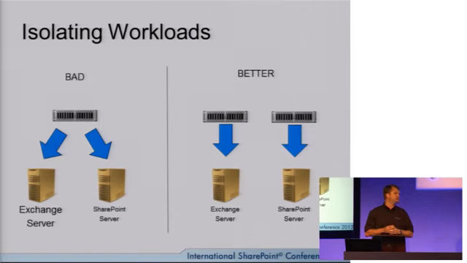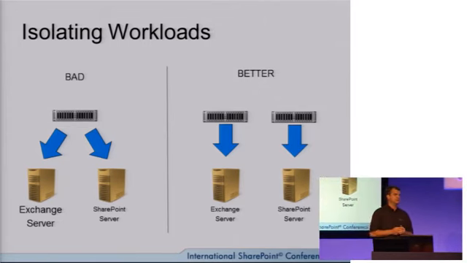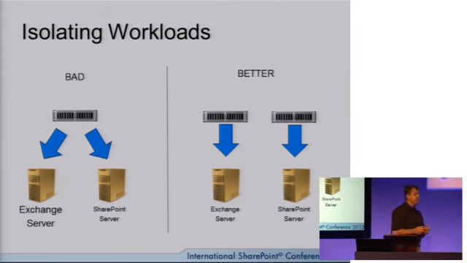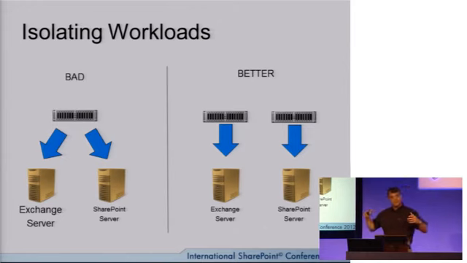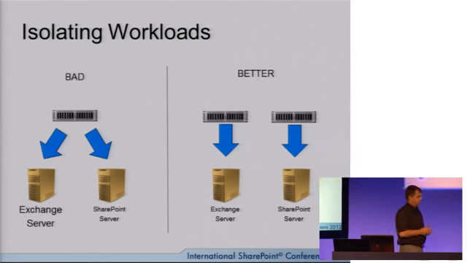Exchange is a very, very busy IO-hungry application, so SharePoint was running very poorly. It actually had very little to do with SharePoint. A better way, and at a high level how we resolved this, was by putting another disk array in and moving SharePoint to some dedicated spindles in the storage frame. Cool.